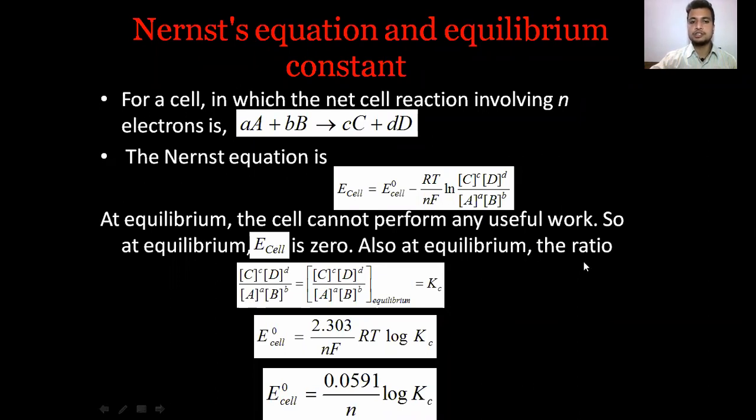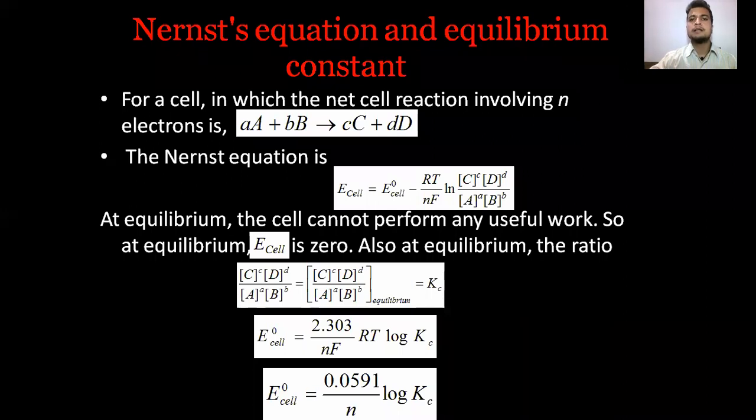Now what do we know? At equilibrium, the ratio of product to reactant is always known as the equilibrium constant. So what is the equilibrium constant?